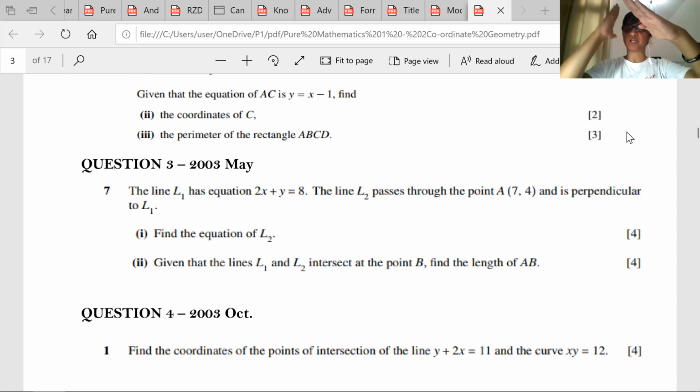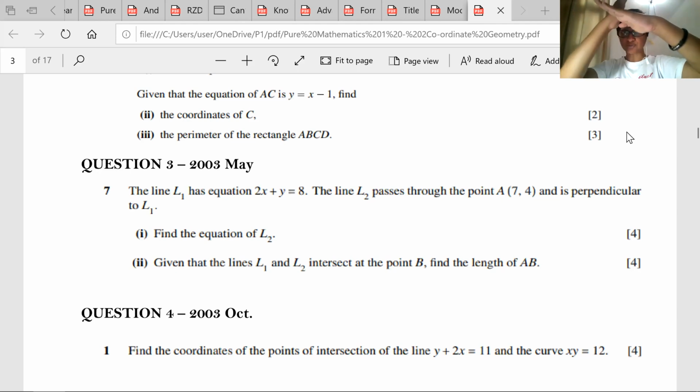So you know the gradient of this is the negative reciprocal of the gradient of that. And you have a point. How do you figure the gradient out? Rearrange that equation into slope intercept form by moving the 2x to the other side, minus 2x. So the gradient of L1 is minus 2.